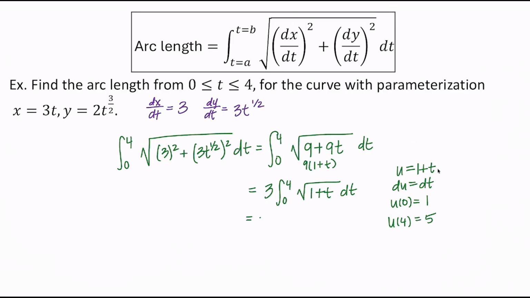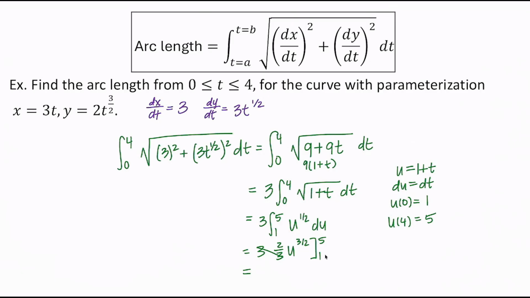So my new integral will be 3, the integral from 1 to 5, of just u to the 1/2 du. And then u to the 1/2, if we do the antiderivative, that's u to the 3 halves times 2/3. There's that 3 in front. And then evaluated from 1 to 5. Remember, we're not going to plug our u back in because we changed our limits of integration to u's. Let's cancel out these 3's.